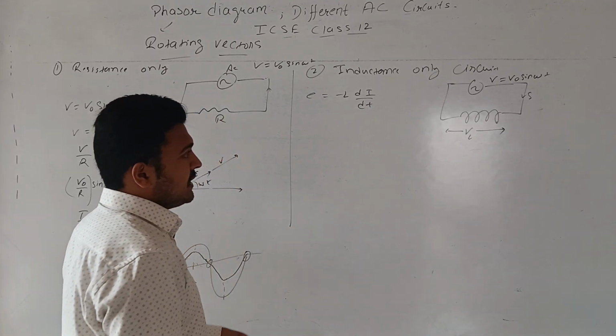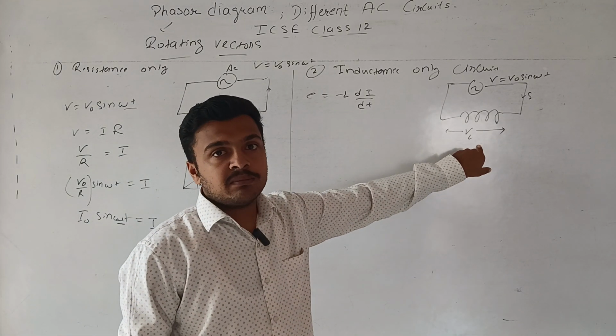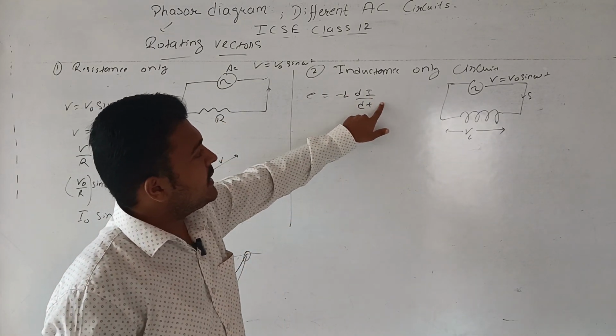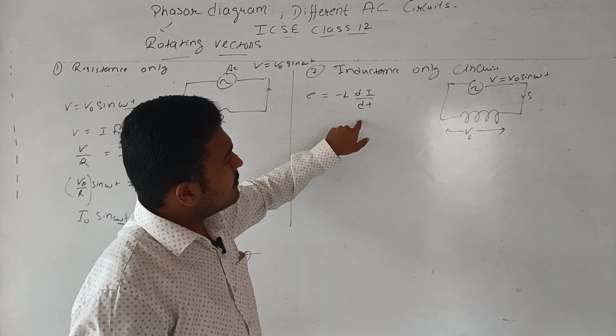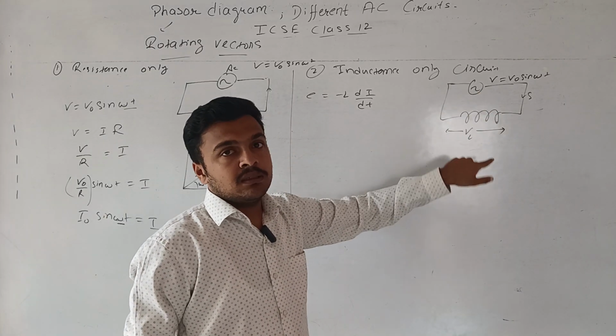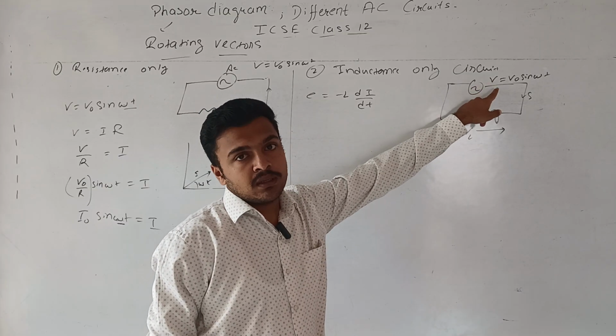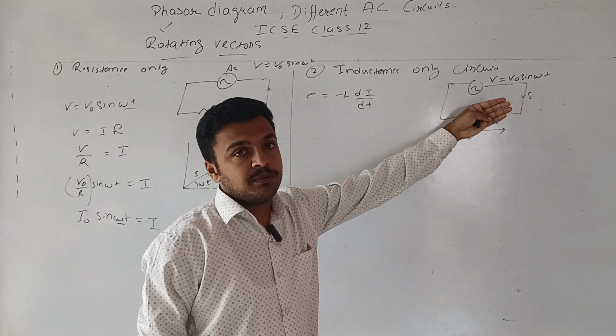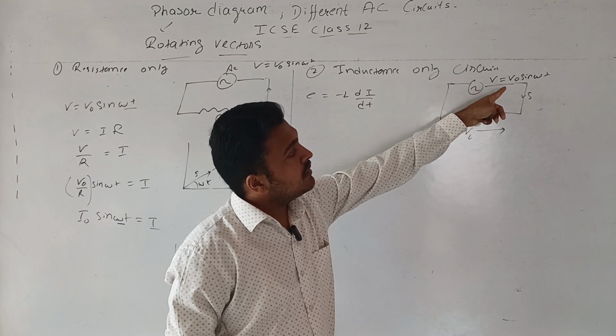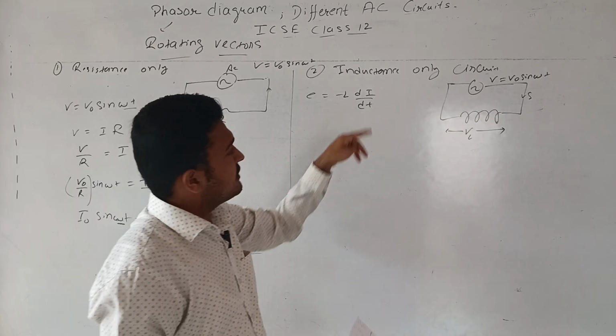So VL is minus L di by dt, and this is opposing the voltage. By Lenz's law, the EMF induced opposes the cause that produces it. The cause is V naught sin omega t, so it is opposing it.